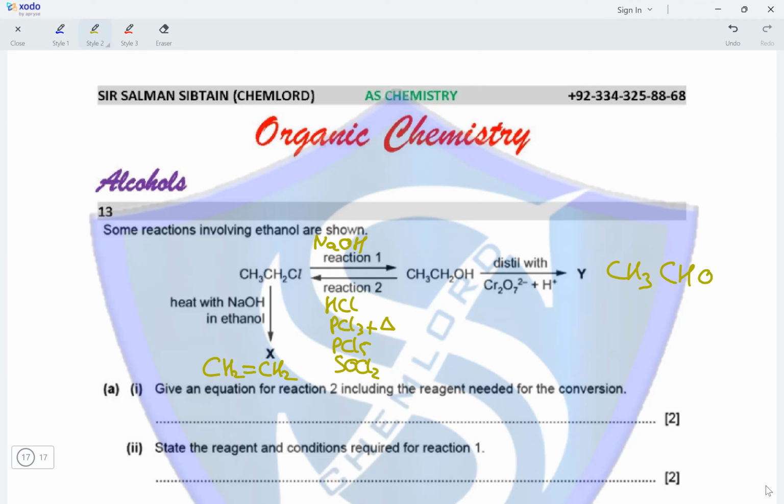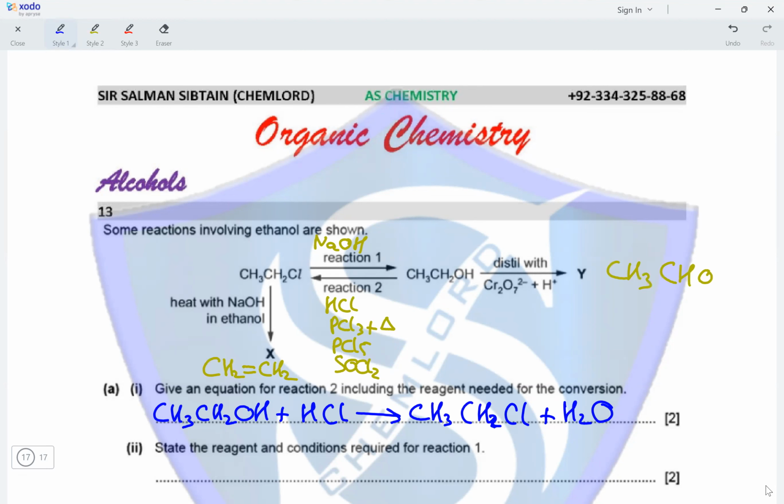Give an equation for reaction 2, including the reagents needed for the conversion. Reaction 2 would have CH3CH2OH reacting with, let's use the first reagent, HCl, resulting in the formation of CH3CH2Cl, and we would have formation of 1 mole of water.